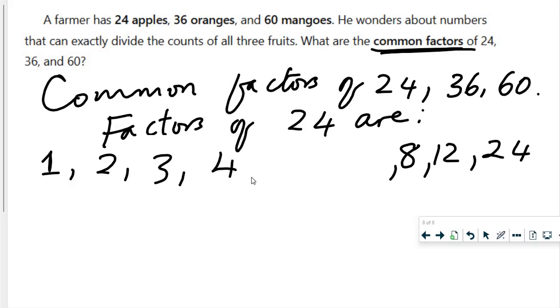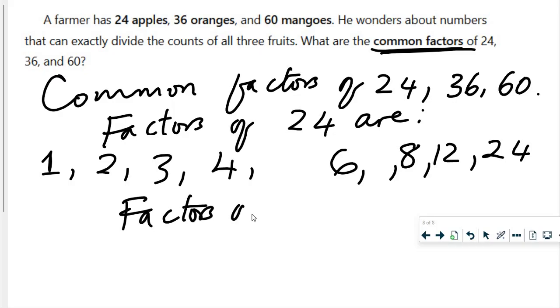Then go to 4, 24 divided by 4, that is 6. After this, 5, no, 6, yes, that's all. So the factors of 24 are 1, 2, 3, 4, 6, 8, 12, 24.